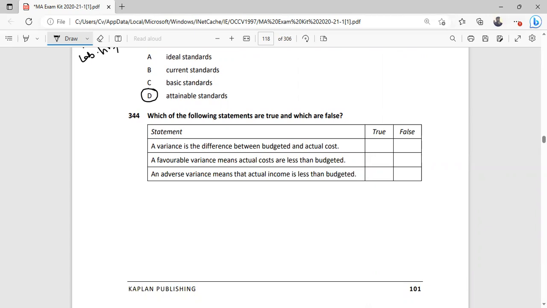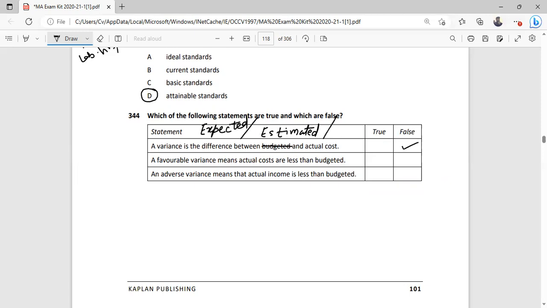This definition is a false definition. Variance is not a difference between budgeted and actual result. Variance is the difference between estimated and actual result. You can use another word. Variance is the difference between expected and actual cost or actual results.